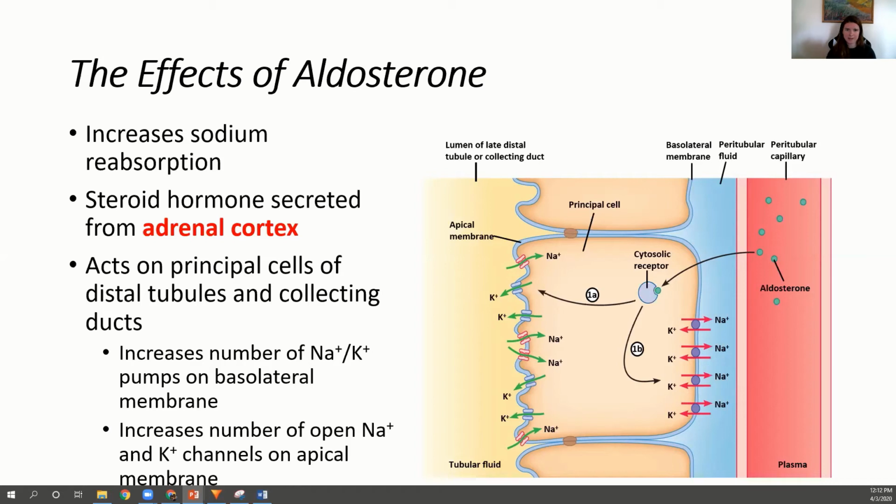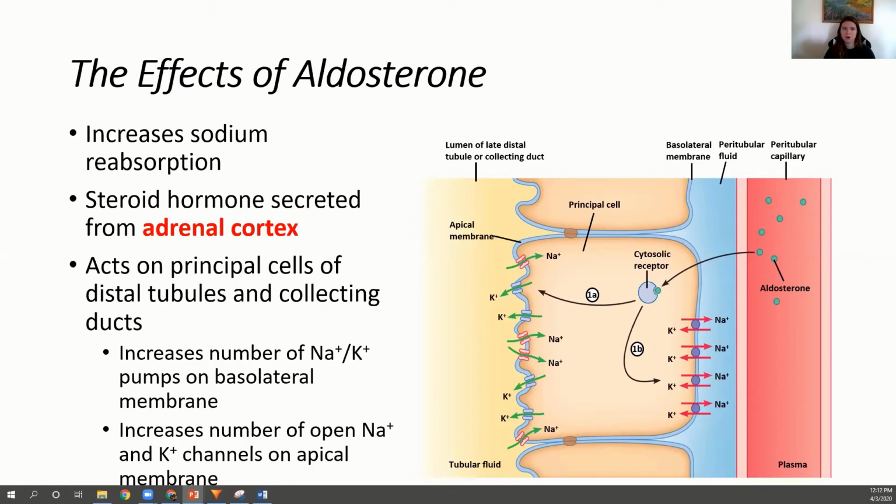And at the same time, if all it did was open sodium channels, then we'd kind of overwhelm our sodium-potassium pumps that are present on the basolateral membrane. If we can let sodium flow in really quickly, then we'd eventually end up with a higher concentration of sodium in the epithelial cell, which would stop movement, right, as we reach equilibrium with the tubular fluid.